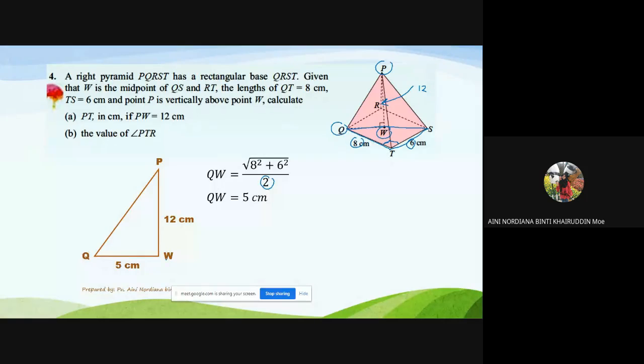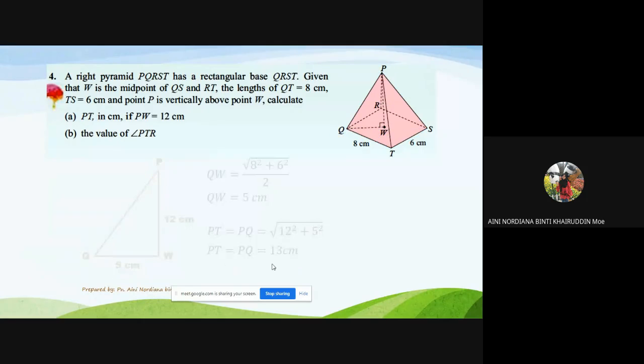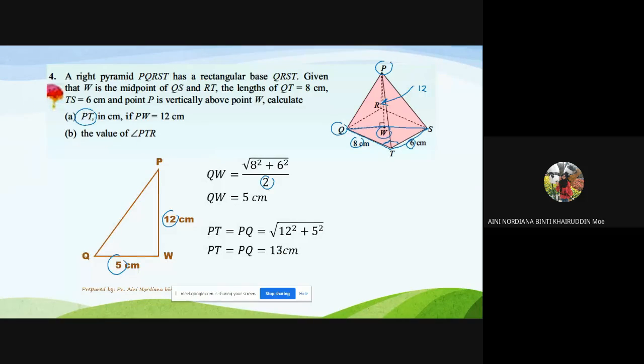Once you get QW, now you can calculate PQ, which equals PT, the one we want to calculate. Use Pythagoras theorem: 12 squared plus 5 squared, so it equals 13. This is the length of PQ. PQ equals PT. Any question?